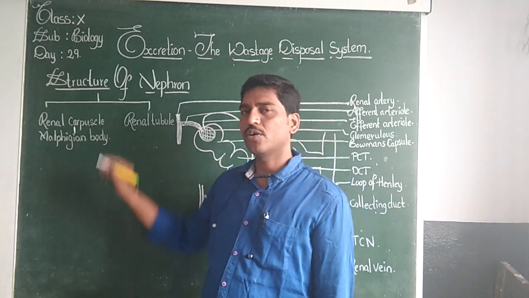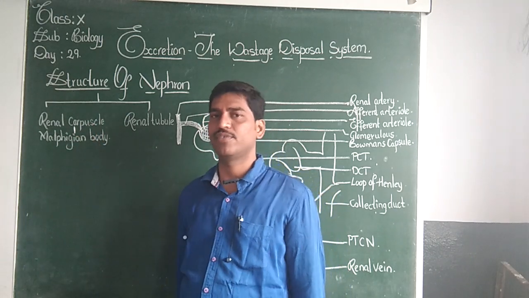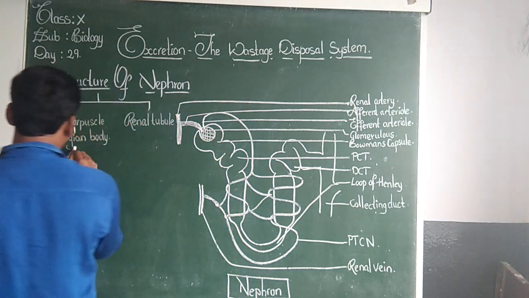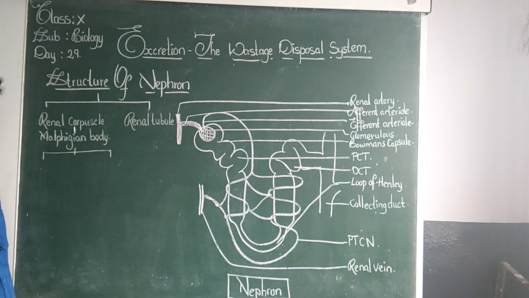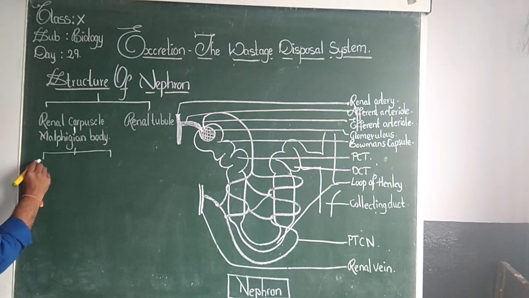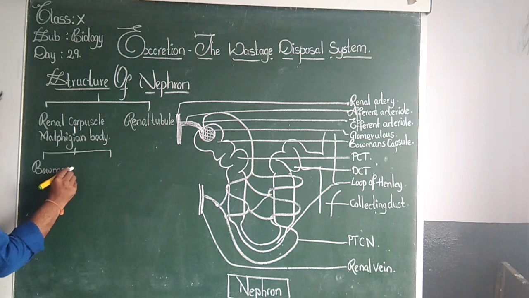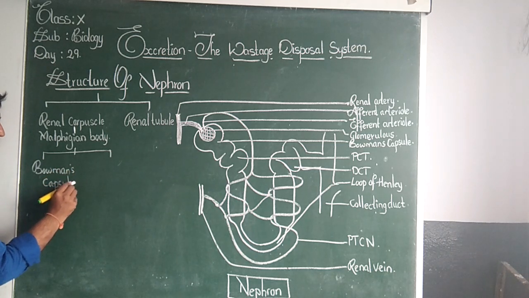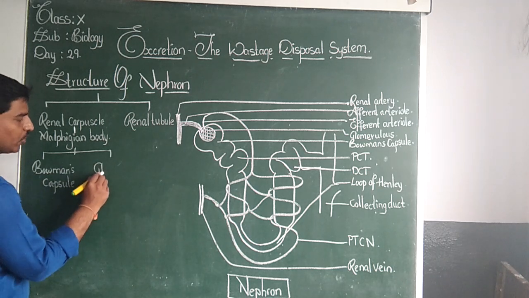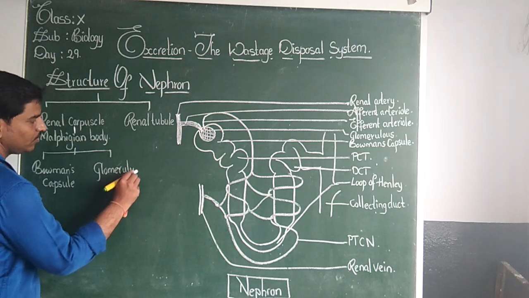Now when you look at the Malpighian body, it is once again divided into two parts. The first part we call Bowman's capsule, and the second part we call the glomerulus.